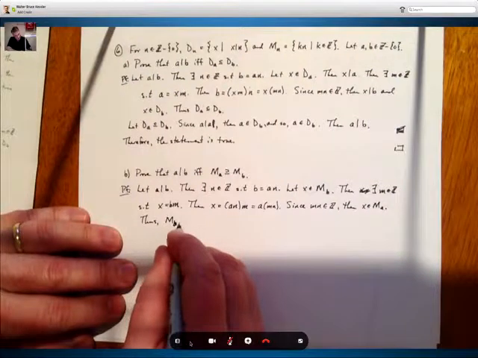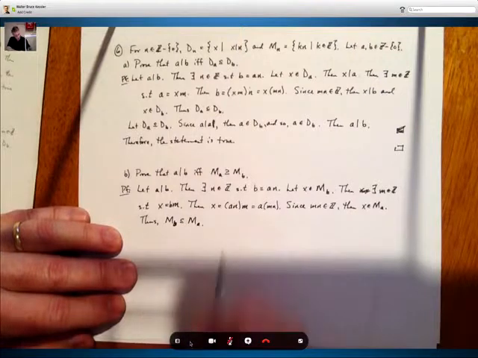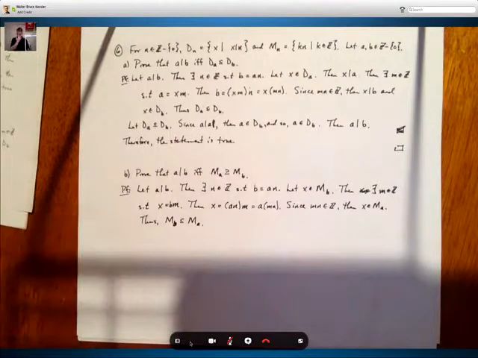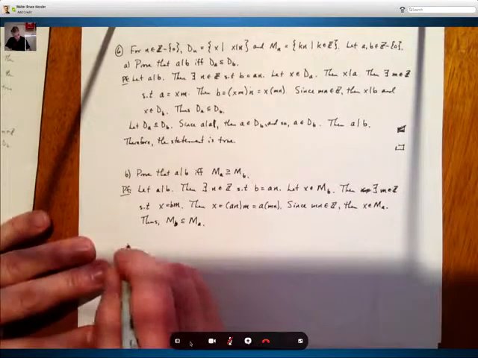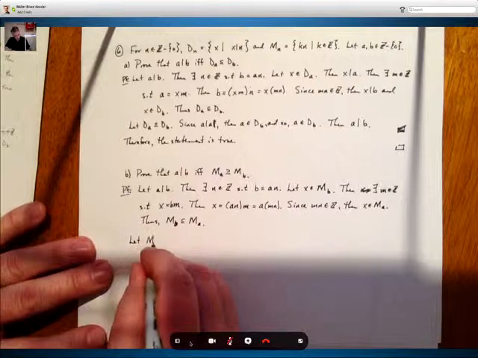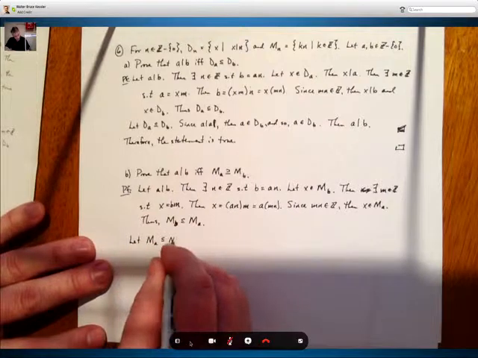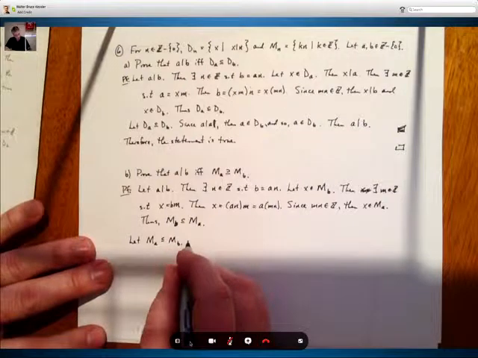Thus, M sub B is a subset of M sub A, which is the same thing as we wrote up here. Okay. Again, I think going the other way gets quicker. Let M sub A be a subset of M sub B.